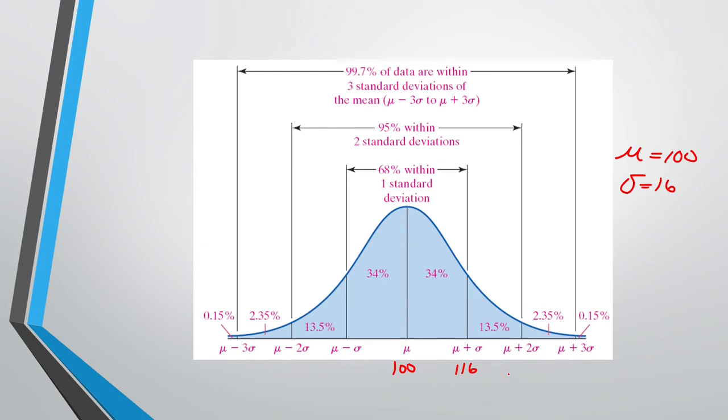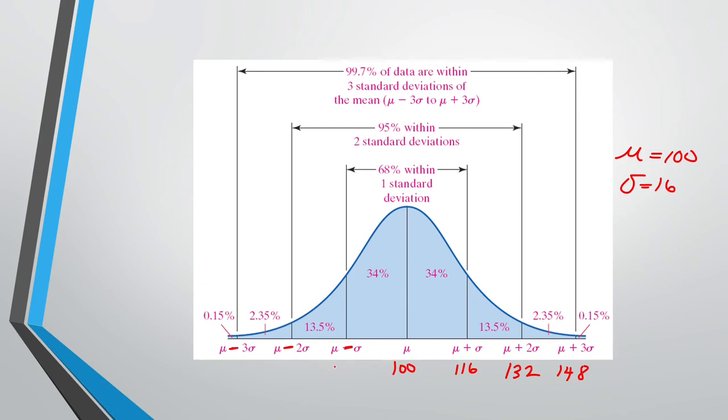I will continue to add 16 to get to the next section. 116 plus another 16 is 132. 132 plus 16 is 148. So just add 1 standard deviation to get to 116, add another one to get to 132, add another 16 to get to 148.